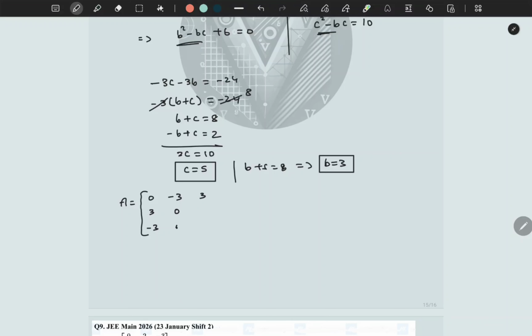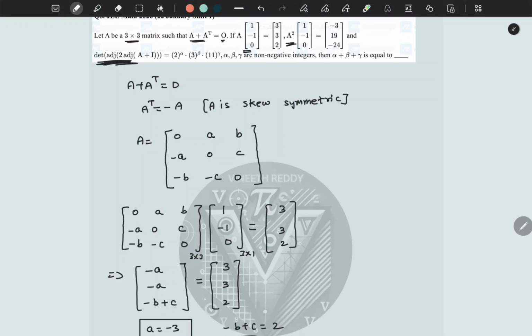So now what is he asking? He's asking us to find the value of the determinant of adjoint of 2 times adjoint of A plus I. Okay, so we'll do one thing.